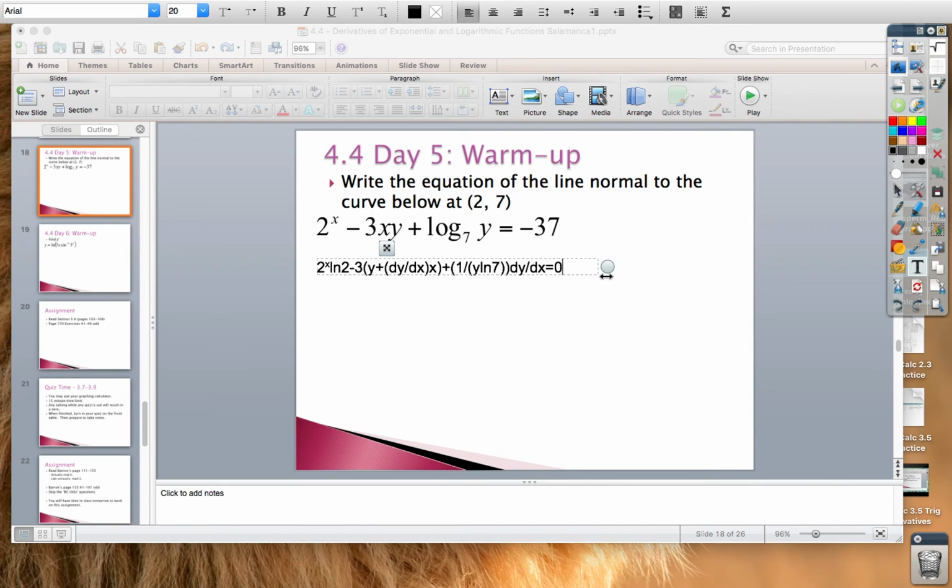So now we're going to put the dy/dx terms together, and move the non-dy/dx terms to the opposite side. We are left with negative 3x plus 1 divided by y ln of 7, times dy/dx, equal to 3y minus 2 to the x power ln of 2.